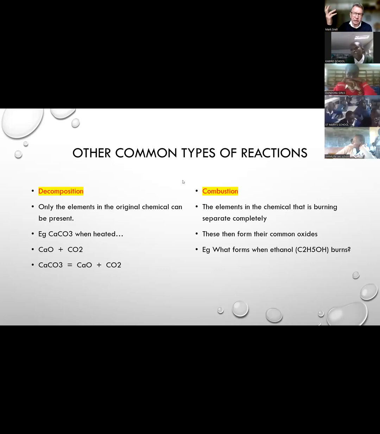Oxygen oxide is just oxygen. Carbon oxide is carbon dioxide, hydrogen oxide is water. So the equation will show that it forms CO2 and H2O. That's it. It's that simple. So therefore, the equation looks something like this.